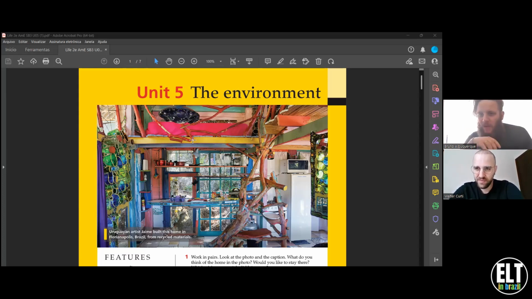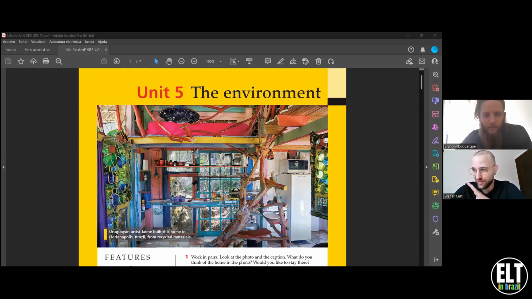So pictures in NGL material tend to have more context, more personality, per se. I think they have some of my favorite layouts, really. True. When we're talking about layouts, their books are just beautiful, cover to cover, really.